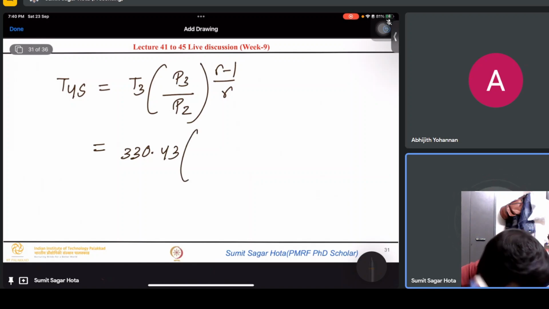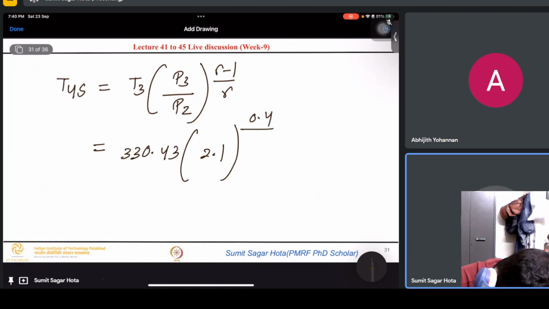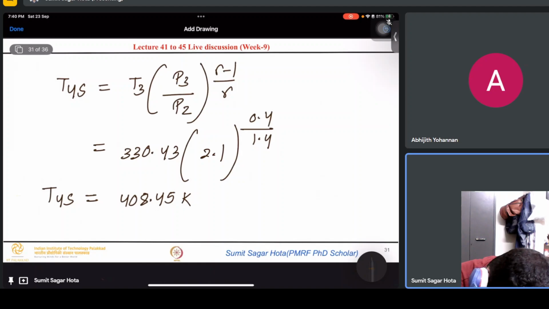P3 by P2 is here 2.1, to the power 0.4 by 1.4. So the answer will be 408.45 Kelvin. Okay, so this is your T4s.